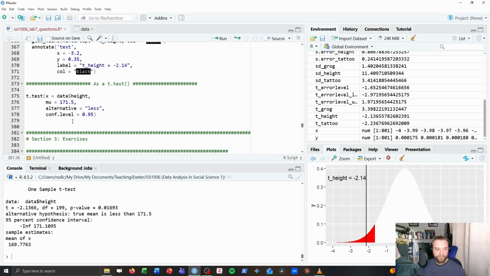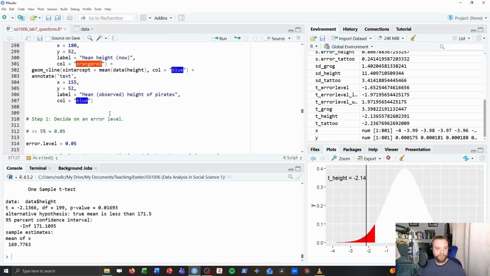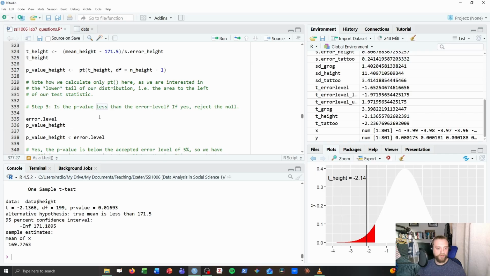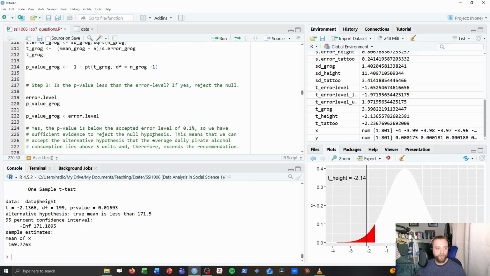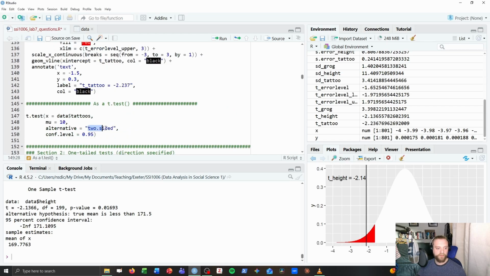So that's single sample t-tests then. Really all we need to work out is whether we need to specify less or greater, or, as in the first example, two-sided.